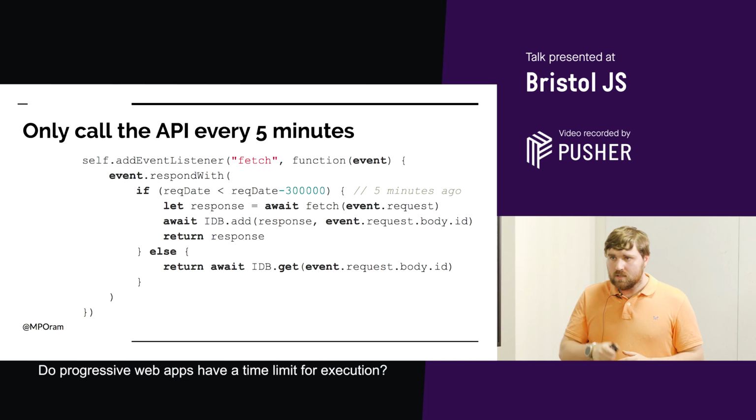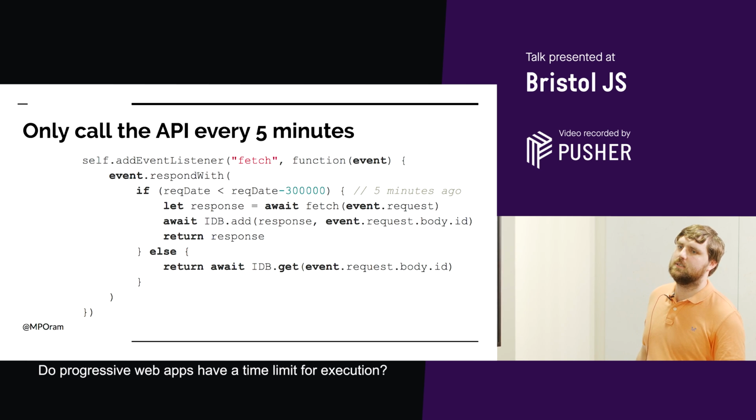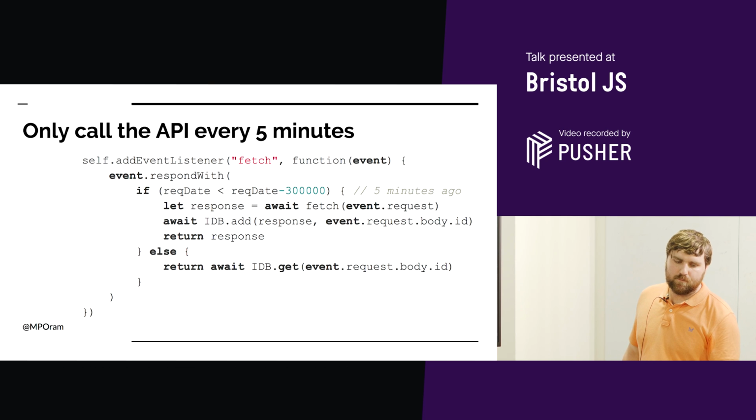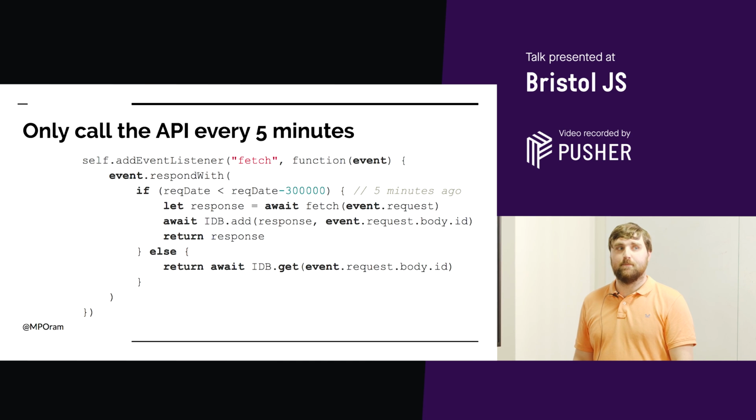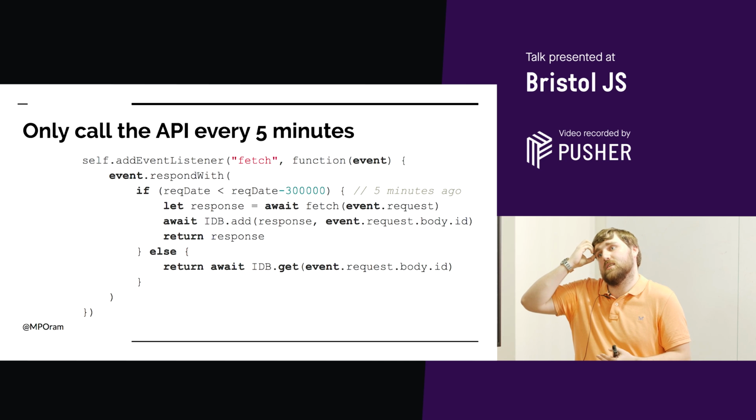I know background app refresh in native apps has a time limit for execution. Is that the same for progressive web apps? Not that I know of. There's nothing in any documentation that says there is.